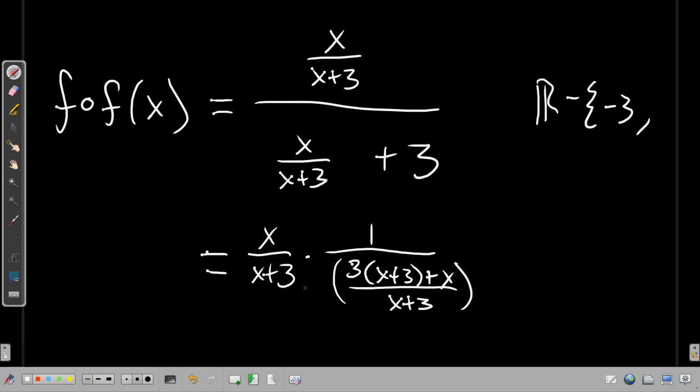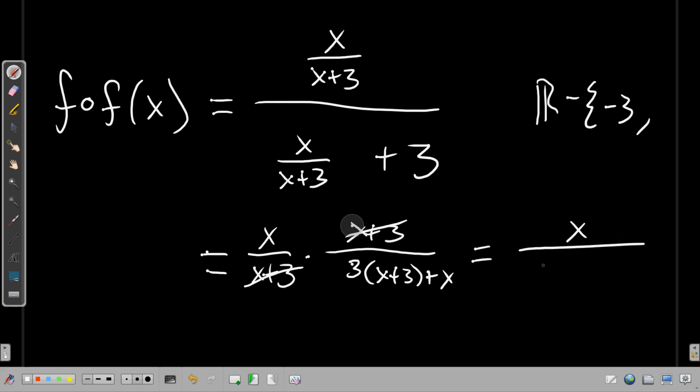Okay, and then that would be able to be written like this. And the x plus 3's would cancel. And then you'd have x over 3x plus 9 plus x. So that's 4x plus 9. So you do have another domain restriction here, -9/4.